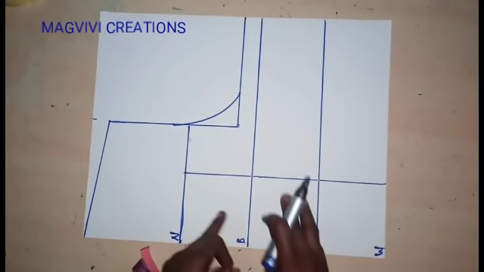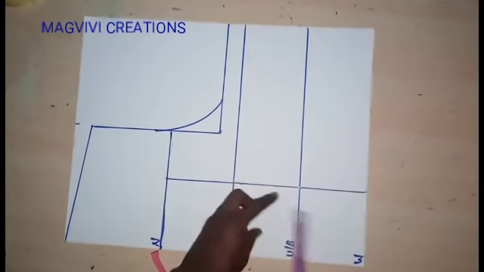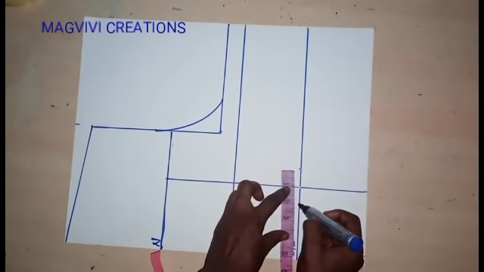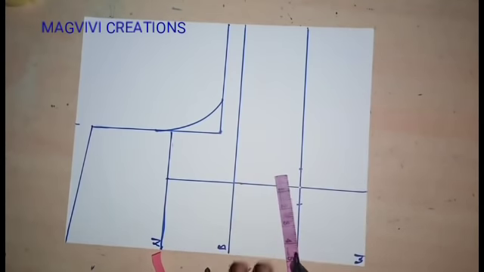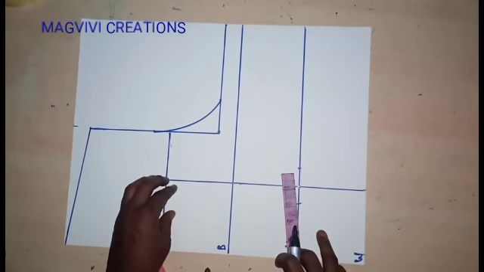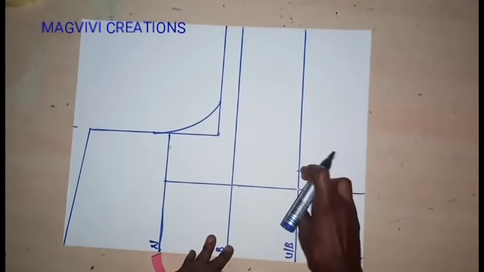So the next thing now is to place my darts. Okay, so at the under bust, I'll mark 1 inch on this side and 1 inch on this side. So in this method we are doing now, we will not mark any darts at the top. Okay, we will not have that at the top. So it's at this part now.